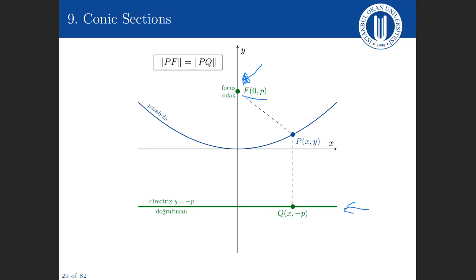I want to take all of the points P to satisfy a rule. The rule I want is the distance between point P and the focus is the same as the distance from the point straight down to the directrix.